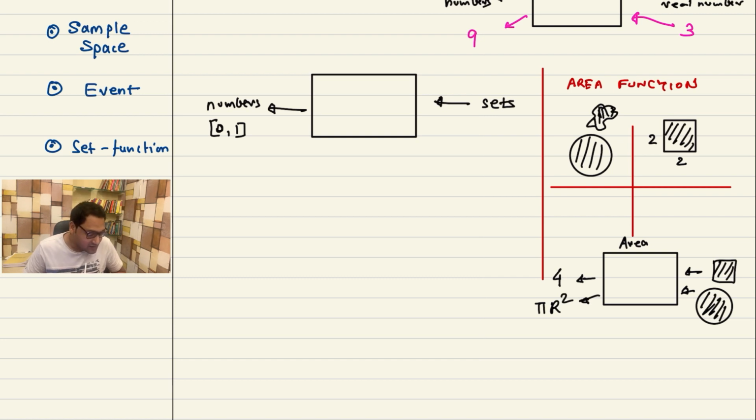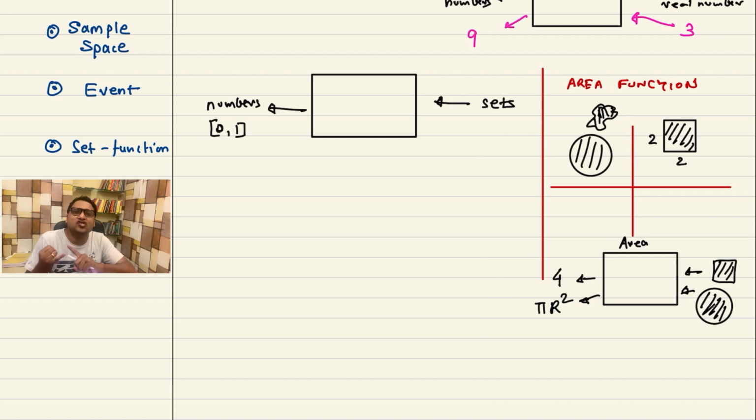Okay, so area is an example of a function which takes input as a set of points and produces output as a number. Similarly, probability takes input as a set, whatever the set is, I'll talk about that, and gives output as a number. Okay, so that's what probability is.